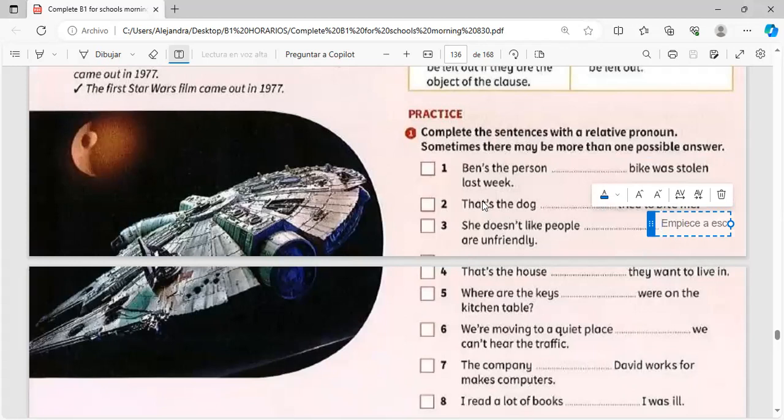Ben's, the person's. That? No, Eduardo, what shall we use? The bike belongs to Ben. Whose? Guido, whose? Do you agree with that or with whose?